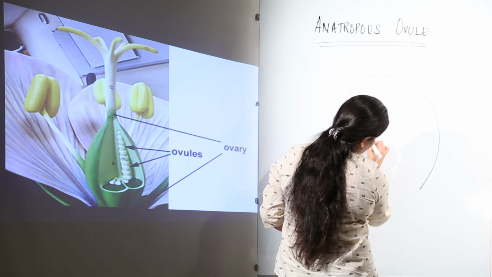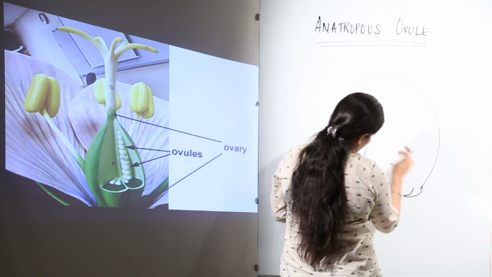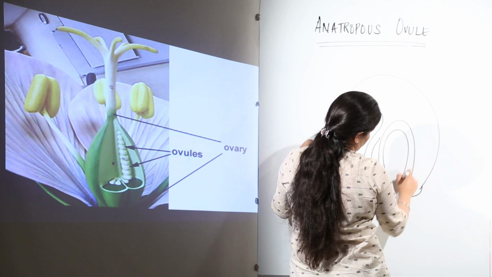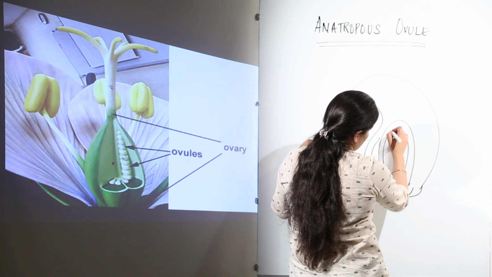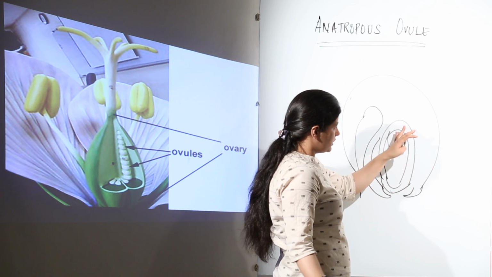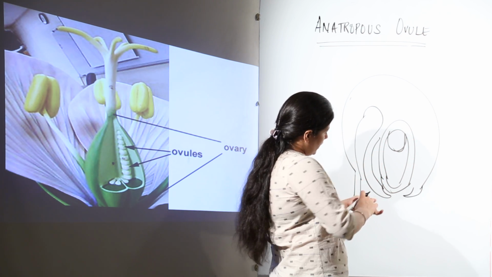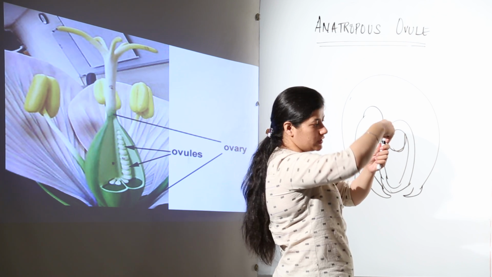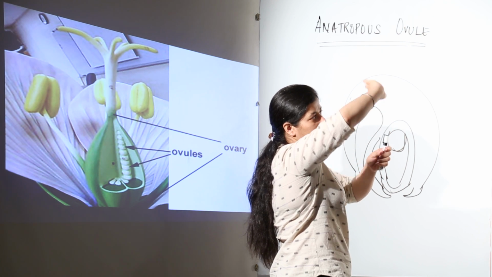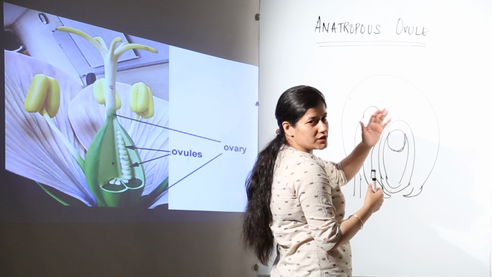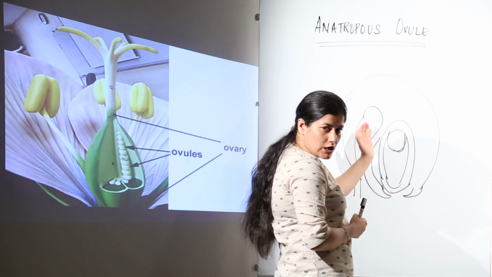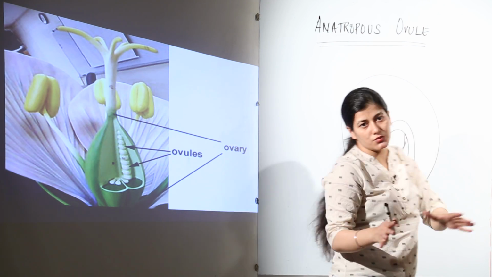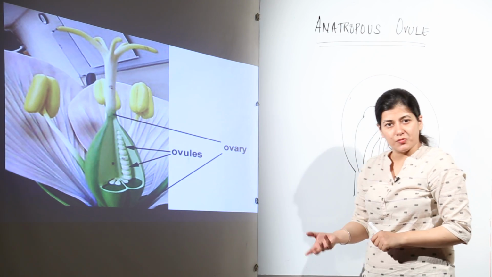So the opening that was present as I drew earlier is going to be present on this side. So the egg is going to be present over here, the gametophyte that I talked about. So, in a way, one condition is this, that the ovule is present over here. The other condition is I extend it and make it a 180-degree turn. Whatever was present at the tip at this side is going to be altogether opposite at 180 degrees, and that is what we have in the anatropous ovule.